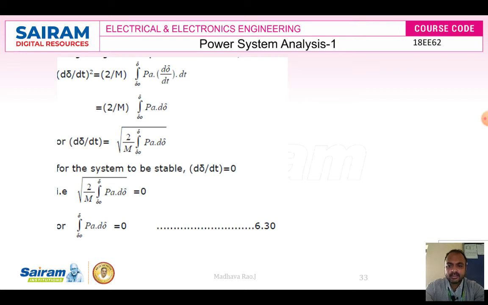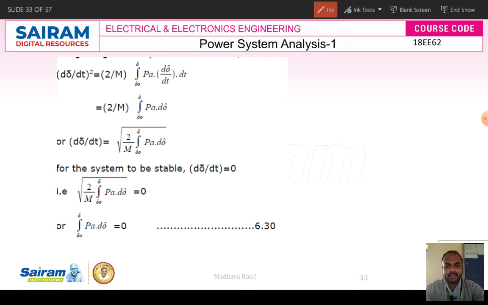Finally, the system is stable when d delta by dt is equal to 0, otherwise it is unstable.